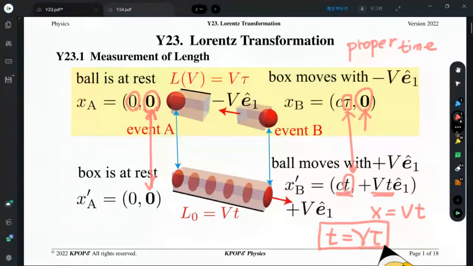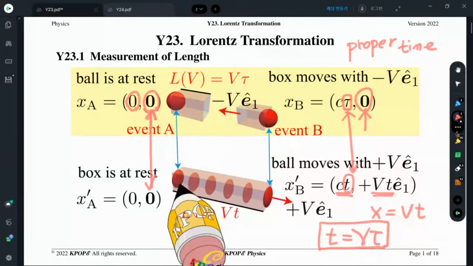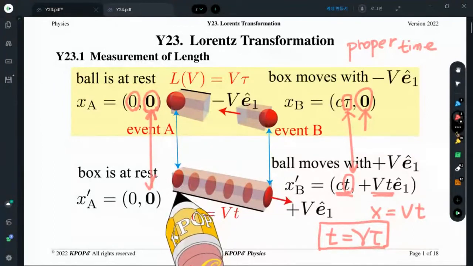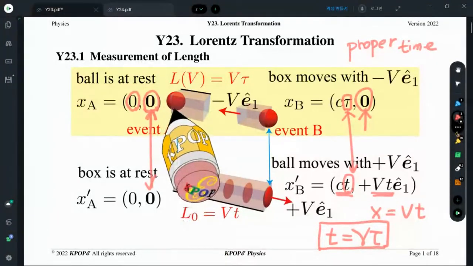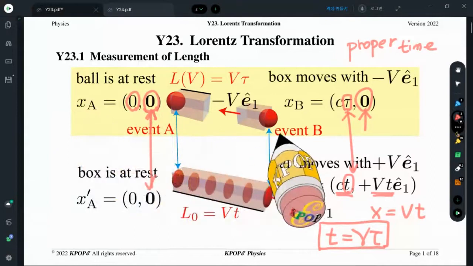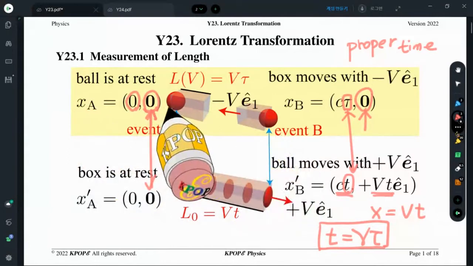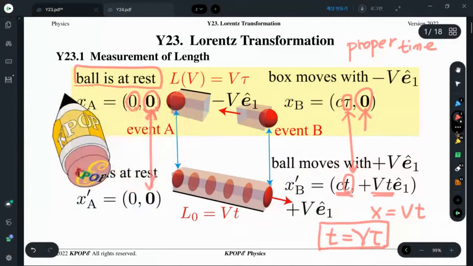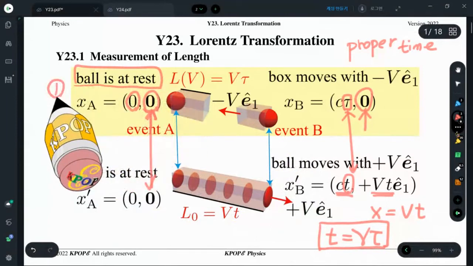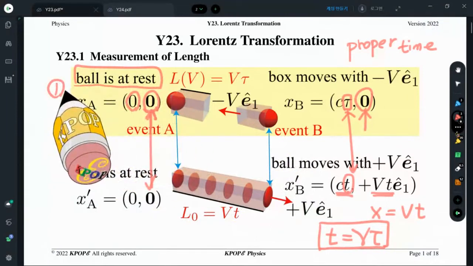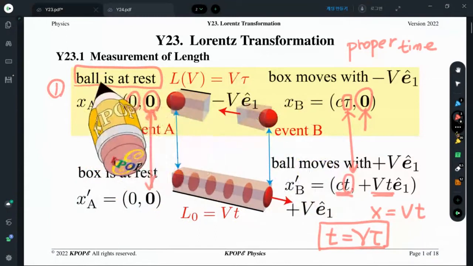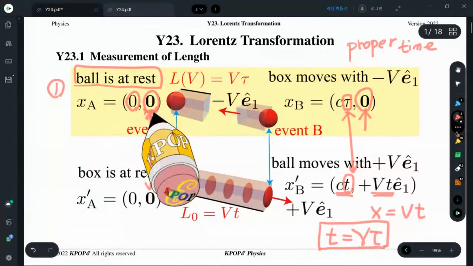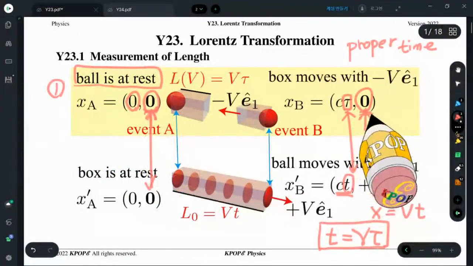Let's see, this ball and this ball, they are the same ball. However, we are describing this motion in the frame where the ball is at rest, number one. If we look at this system in the frame where the ball is at rest, the coordinate does not change.